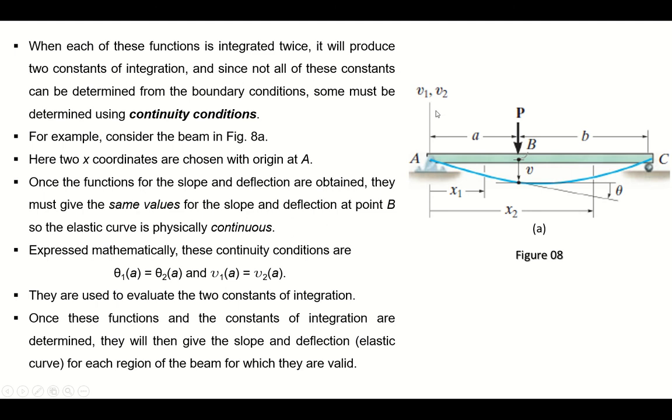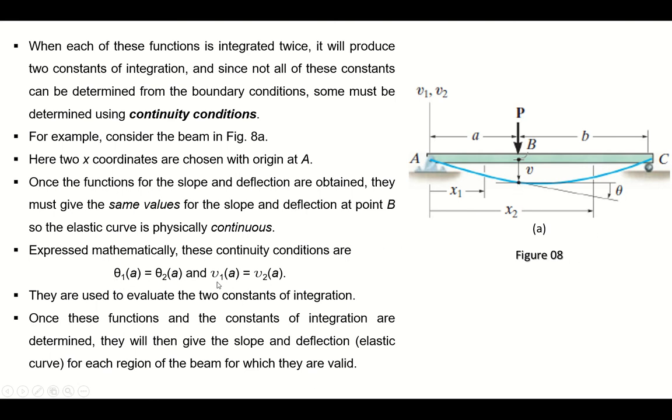See, for example, if the whole length is L and this part is A, this part of length is B. So when you are going up to this much distance, the distance is A. So at this point, at distance A, this is your slope, right? This is your theta. So when you measure your slope with this equation, theta 1 represents your first segment. So theta 1 at A will be equal to theta 2 at A.